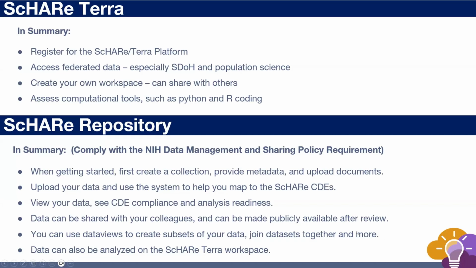We went over how you can share your data with your colleagues and create a shared workspace or a private workspace. And then she also went over just briefly how you can move your data into the ScHARe workspace to analyze it.